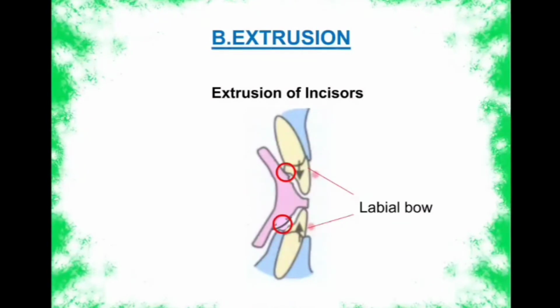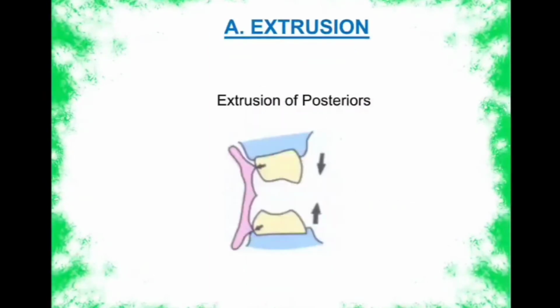And labial bow should be placed in the gingival 1/3 of the labial surface, that is below the area of greatest convexity. And in case of molars, extrusion is brought about by loading the lingual surface above the area of greatest convexity in the maxilla and below the area of greatest convexity in the mandible.